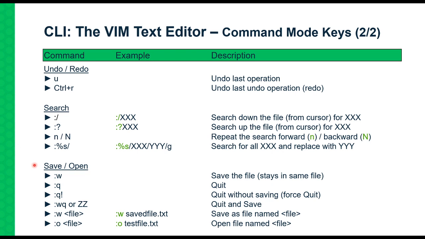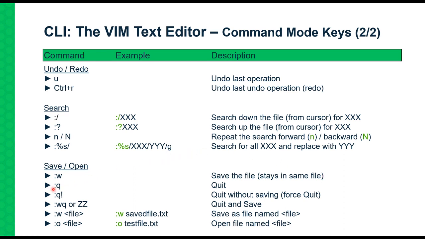So within our Vim editor, we have a few options for how to save our documents. The first one will be a colon W. The colon W will give an option to save the file and still stay within the same file, meaning inside the Vim editor with the same file name.